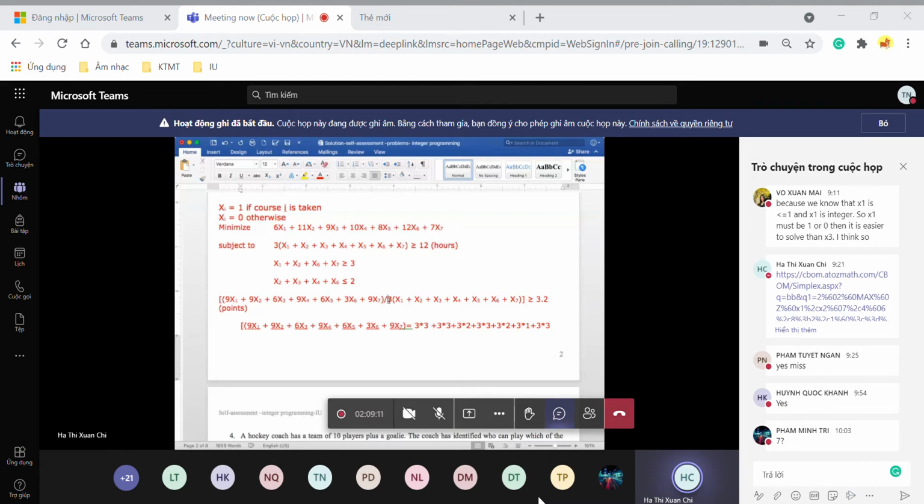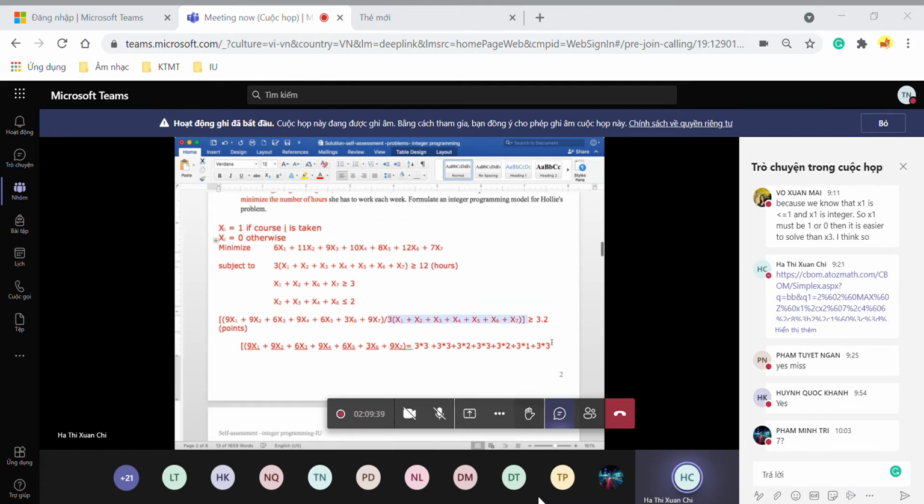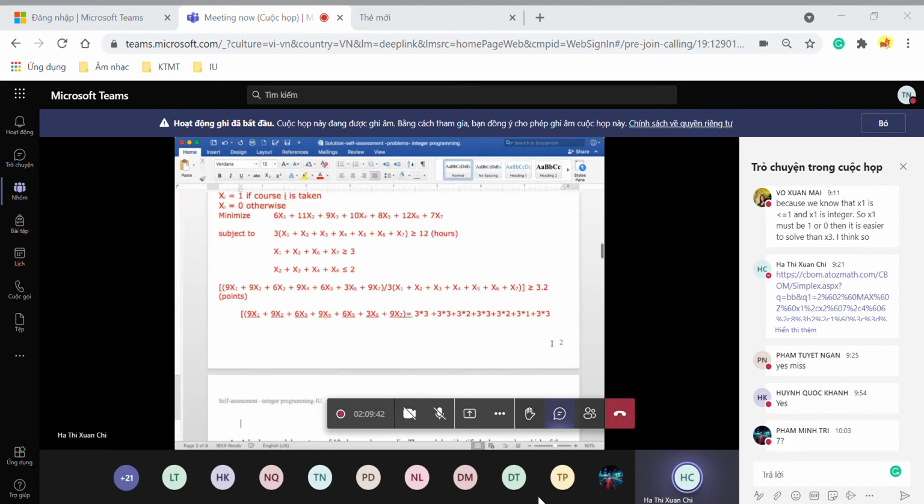And here, that is the hours they spend for studying the 7 courses. So you check that one, you divide, and it must be greater than 3.2. So it means in this sentence it will be equal to grade point.